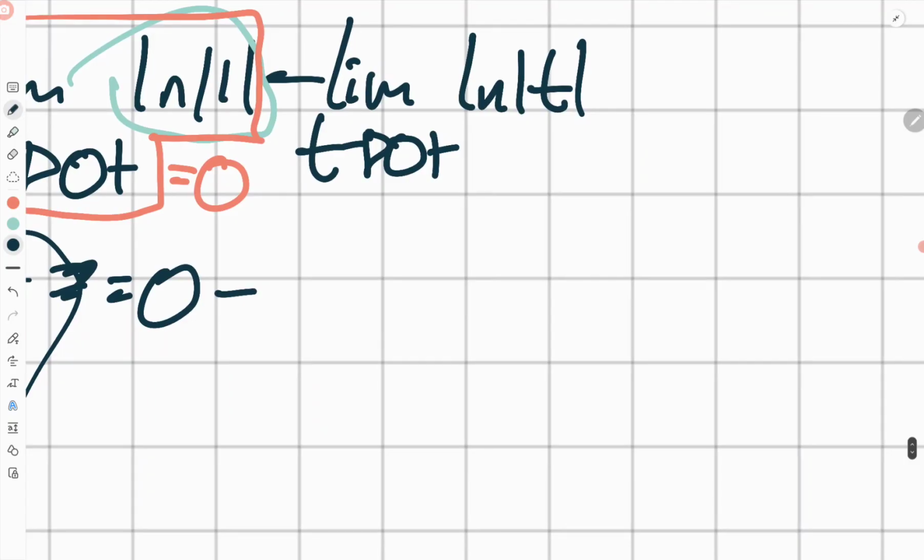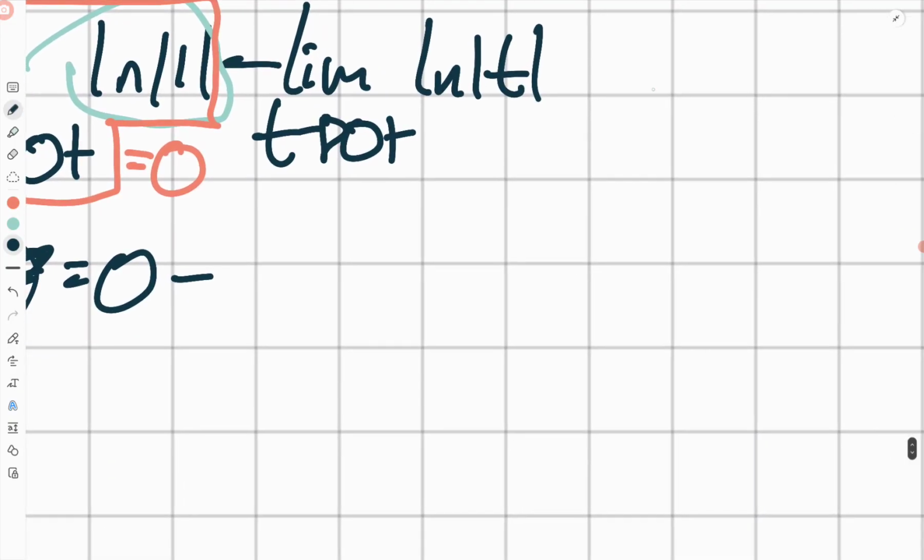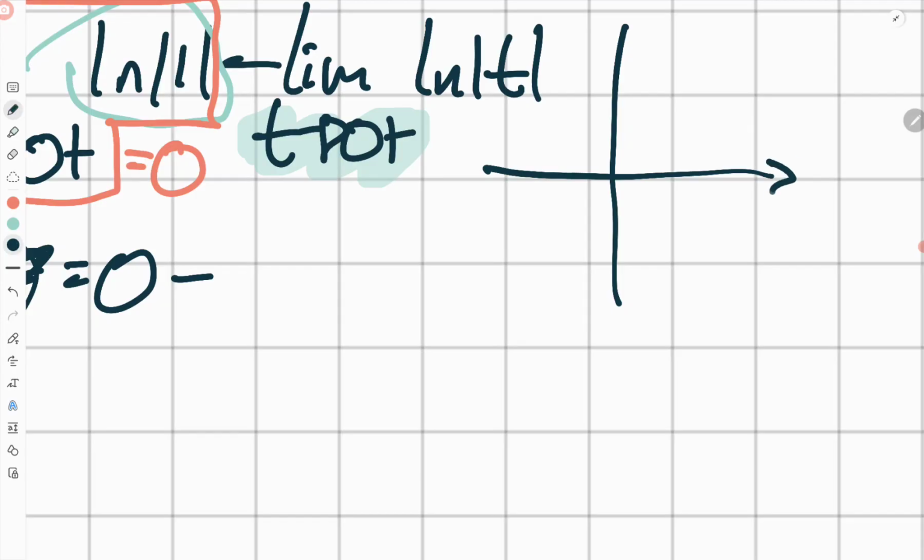Okay, let's evaluate this and analyze it carefully. First of all, we should observe something important here. Look at this: t is going to 0 from the right side. Imagine this is the t-axis, because t is now our variable here.